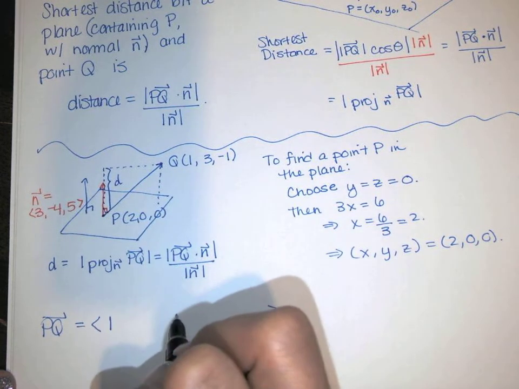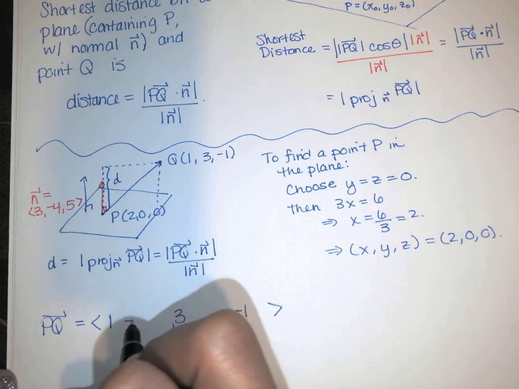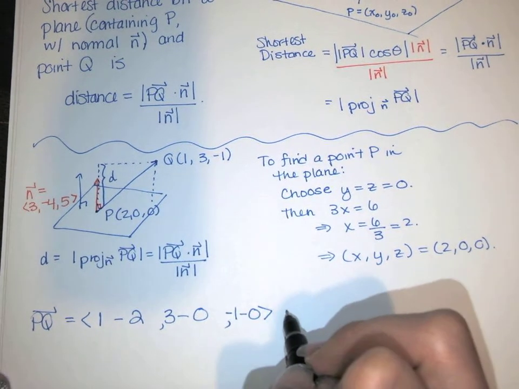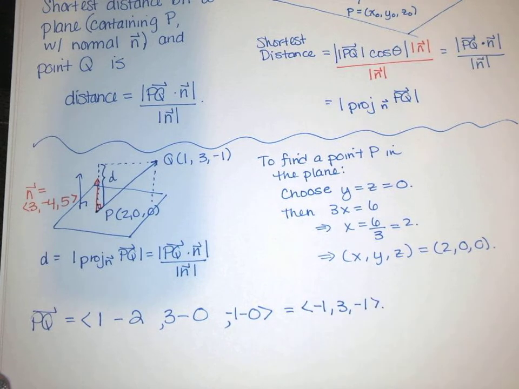Start at Q, and then you want to subtract the coordinates of P. So do subtract 2, subtract 0, and subtract 0. So we get -1, 3, -1.